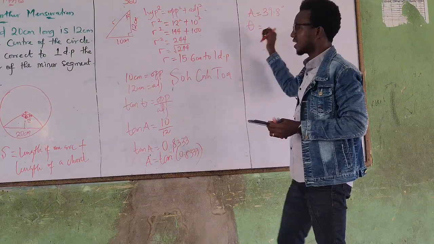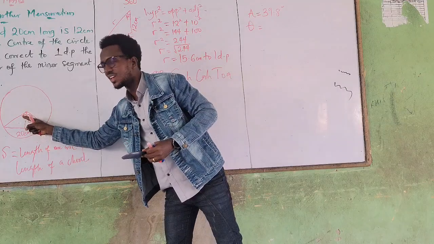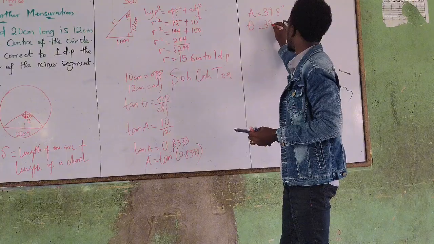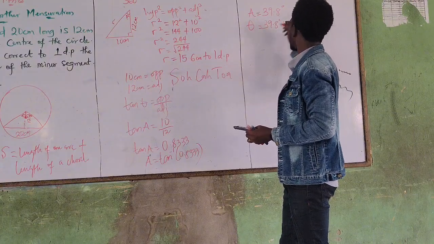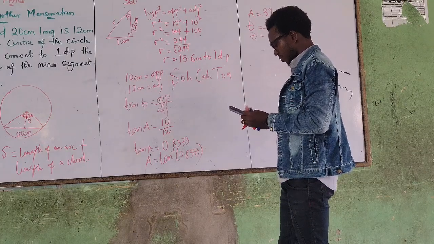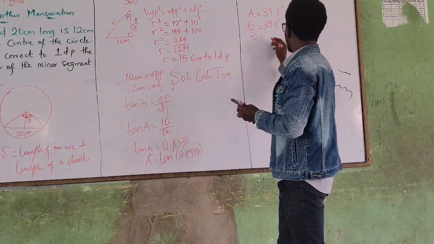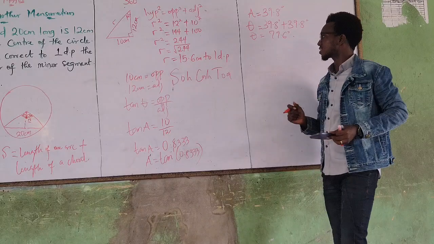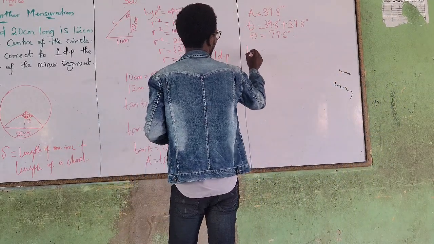But don't forget, the angle we are looking for is this angle A plus this angle A. So since we have gotten one of the angles, it means theta is 39.8 degree plus 39.8 degrees. So theta equals 39.8 times 2. That's going to give us 79.6 degree.